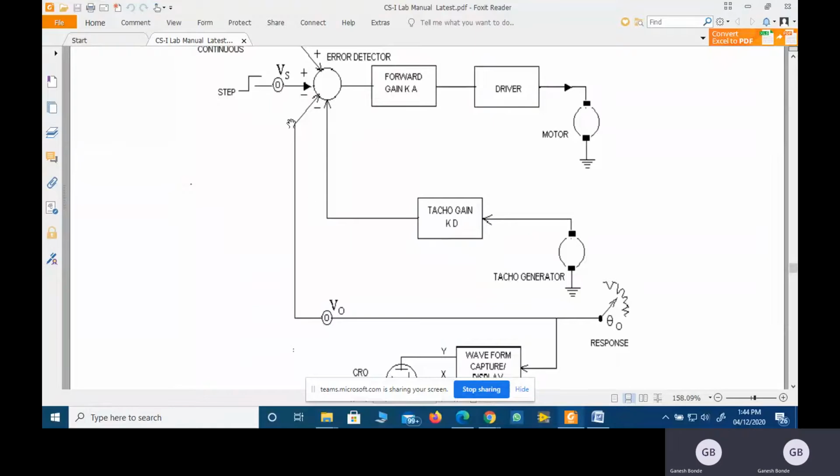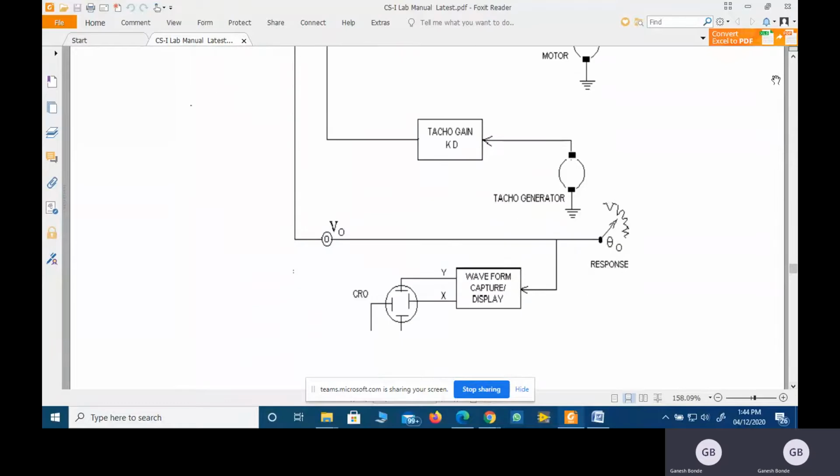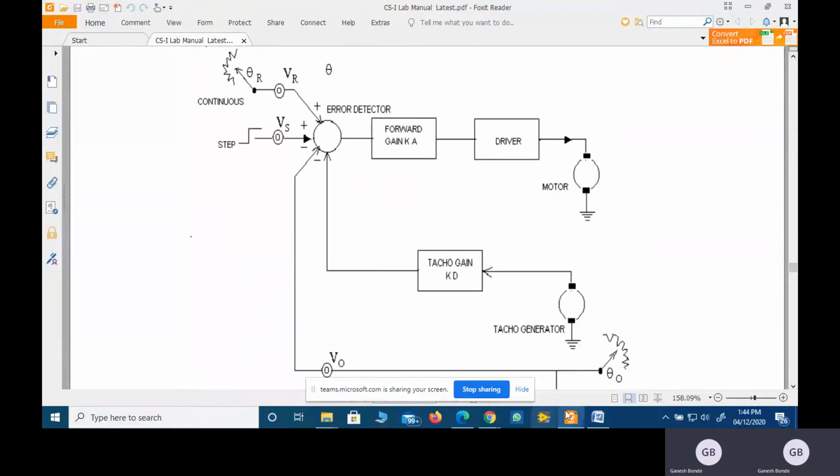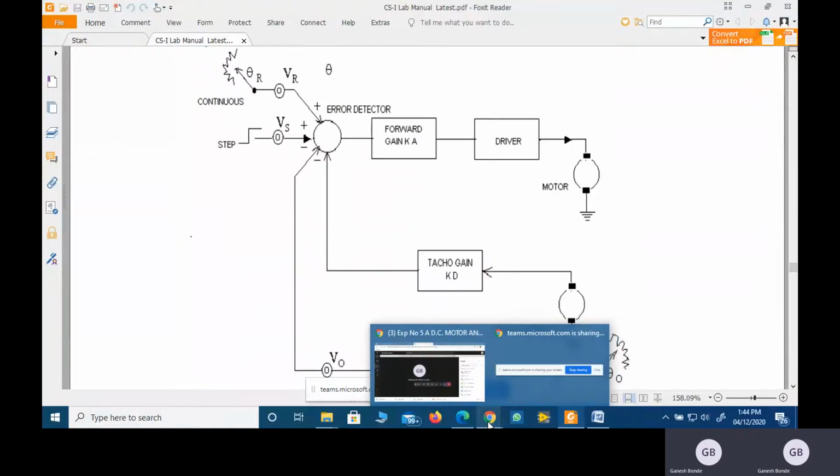In order to understand how the angular position of the DC motor shaft is maintained, once again I can give you the theoretical part, how this circuitry actually works. We have already discussed the example in the theory class, so we just go through it.